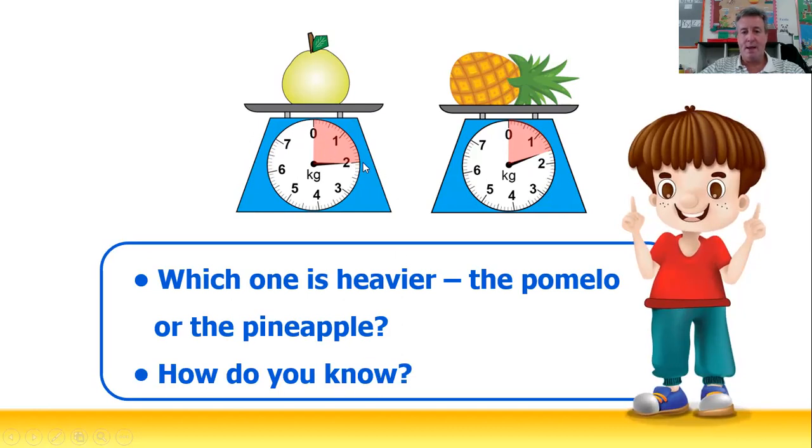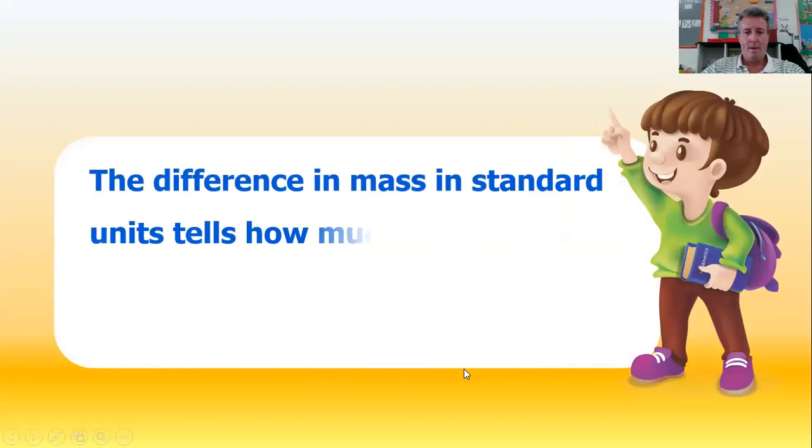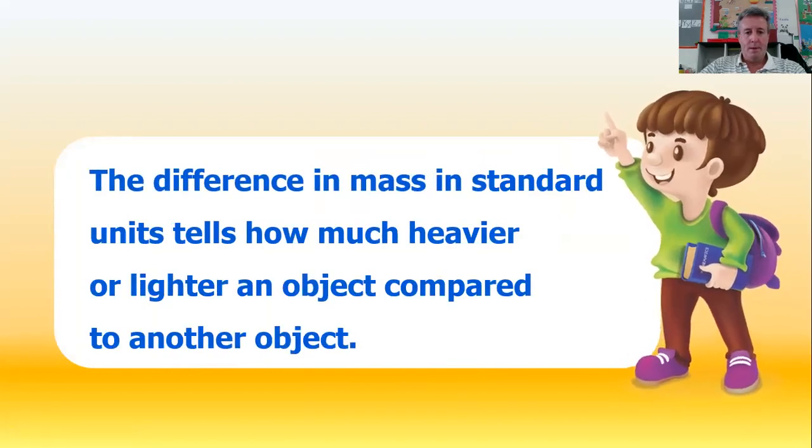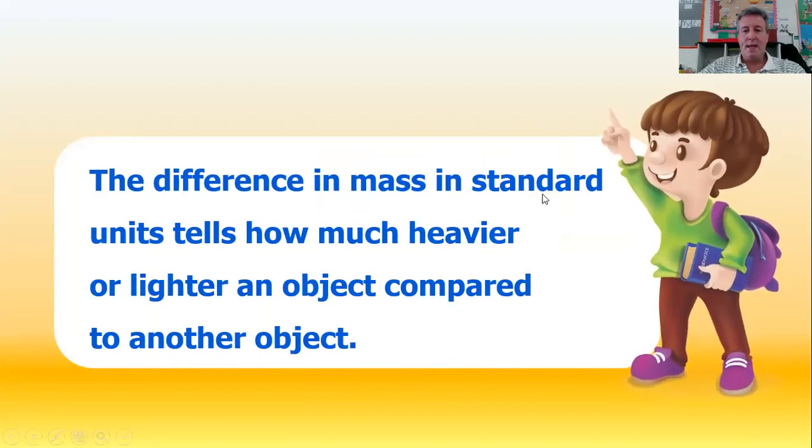Because we can see it, can't we? We've weighed it on our scale. So we use the standard units, that's kilograms and kg, to find out which is heavier or lighter.